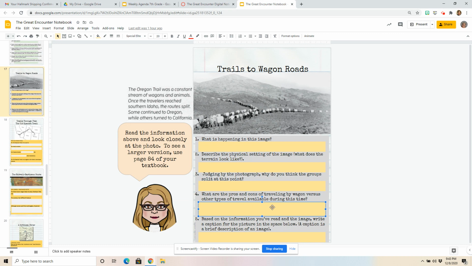So think about those forms of transportation versus wagons when people are making it out west. For the last question here, it says, based on the information, write a caption for the picture in the space below. A caption is a brief description of an image. So based on all the information you look at, you want to caption this image. So just write a little description for number 5.